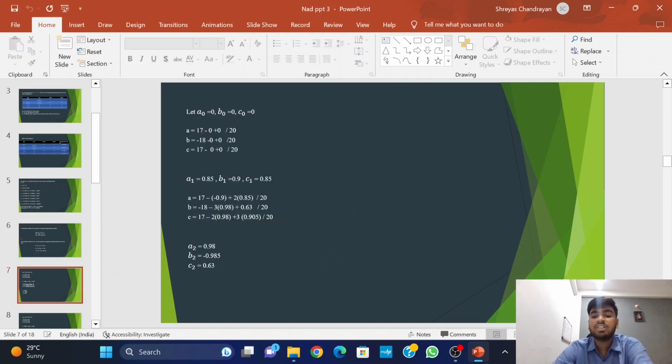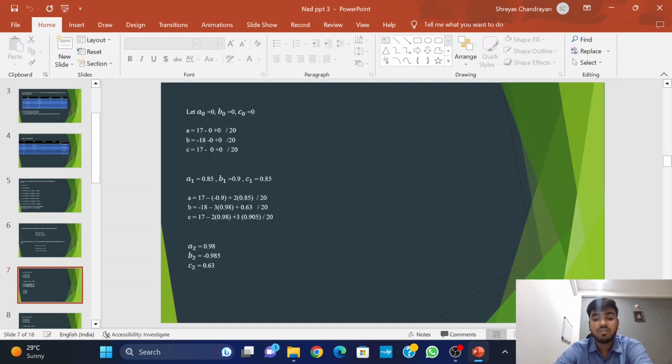So let a0 is equal to 0, b0 is equal to 0 and c0 is equal to 0. So a is equal to (17 minus 0 plus 0) by 20, b is equal to (minus 18 minus 0 plus 0) by 20, c is equal to (17 minus 0 plus 0) by 20. So a1 is equal to 0.85, b1 is equal to minus 0.9, c1 is equal to 0.85.